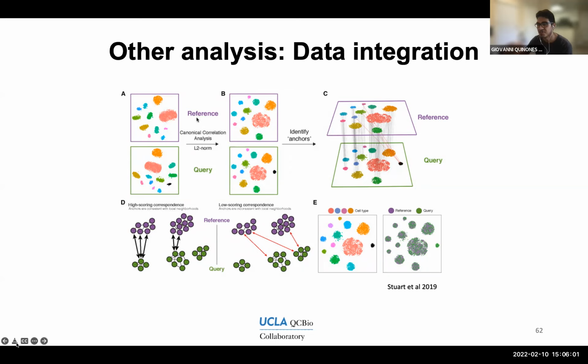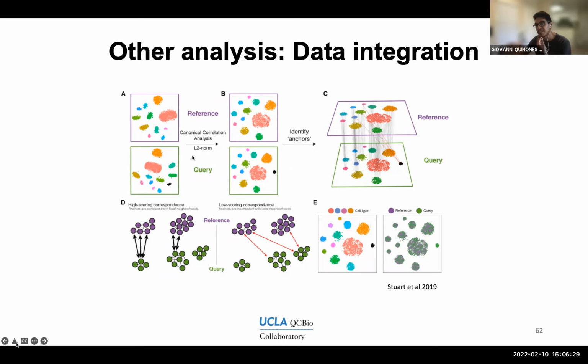On your reference, you start with your two-dimensional clustering. You already identify the different cellular clusters. And then you also have clusters from a different sample. And you ask the question, a cluster in this sample, how does it compare to a cluster in this other sample? So which one belongs to which?